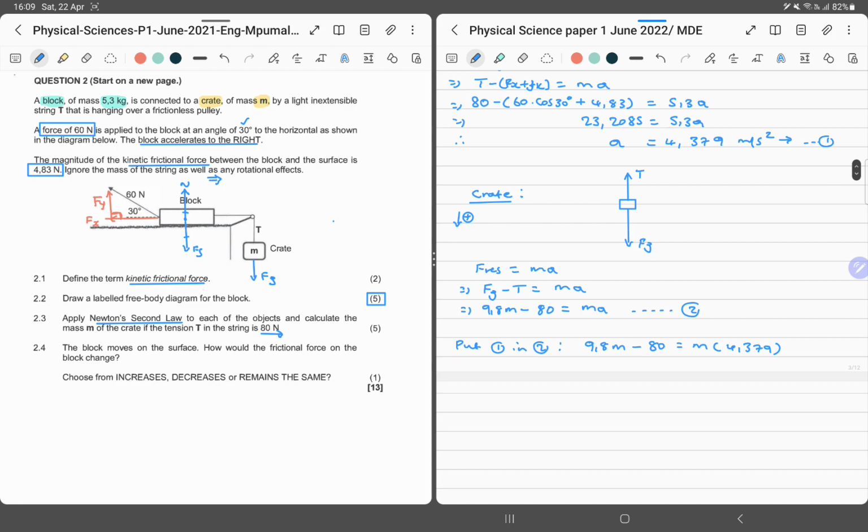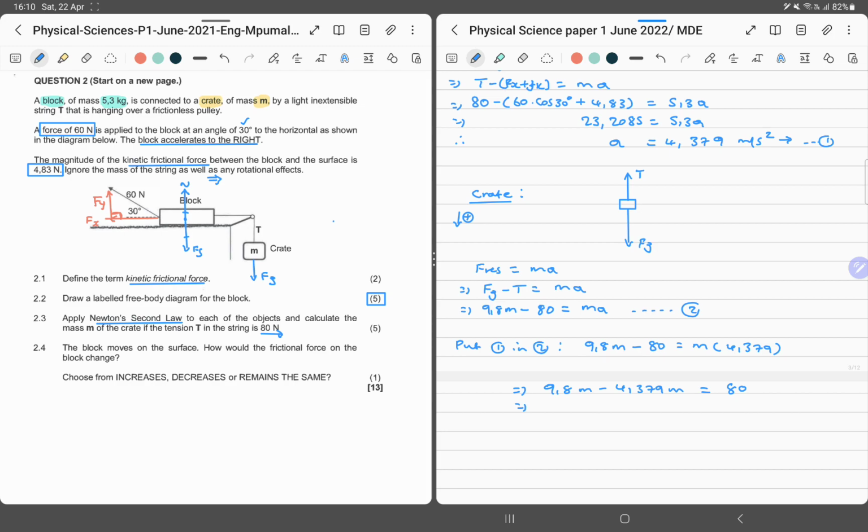All right, so what do we see here? We've got like terms, so this implies that we have 9,8m minus 4,379m equals, transpose the 80. Just work out some maths here. So 9,8 minus 4,379.